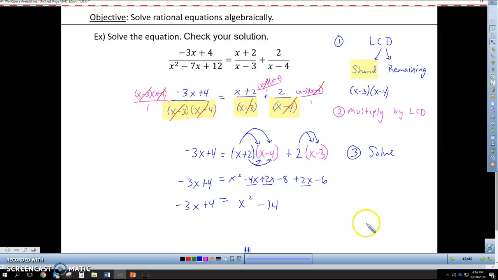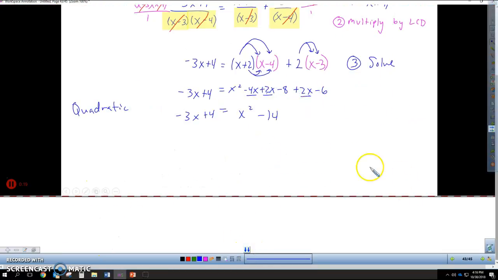It's important to note that this is a quadratic equation, and how we solve quadratics is we set one side equal to 0 and then we factor. So I'll add that in here, set equal to 0.